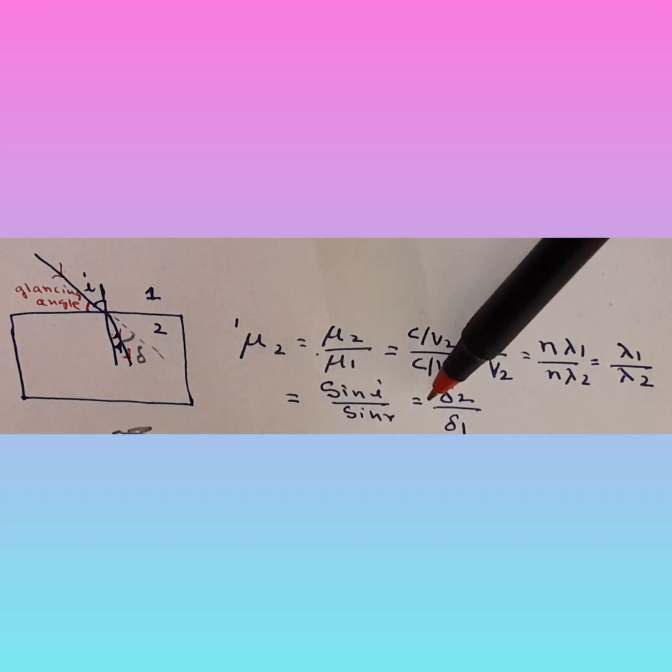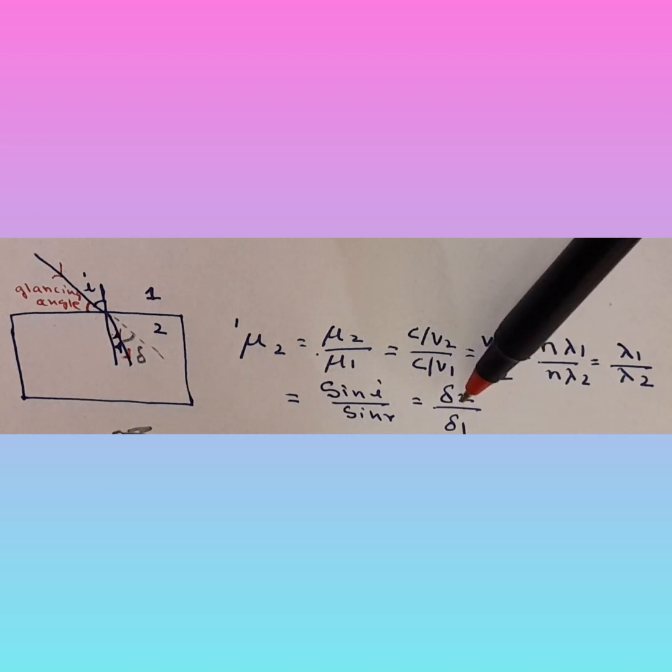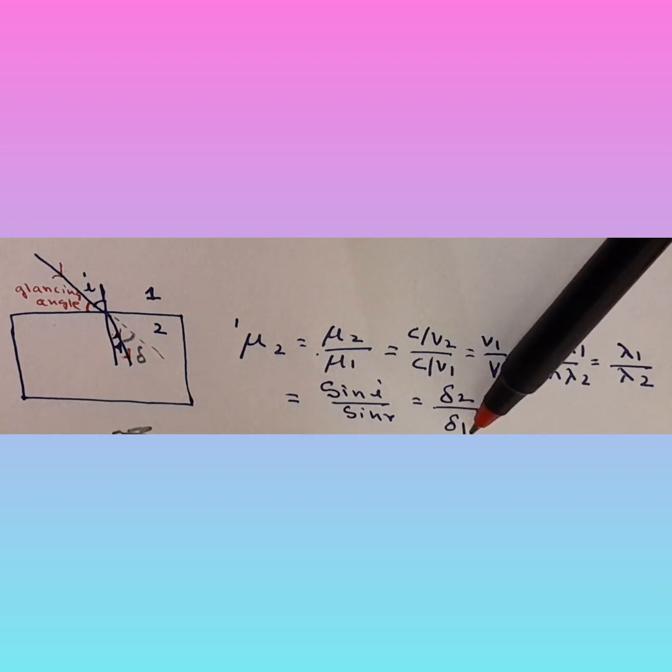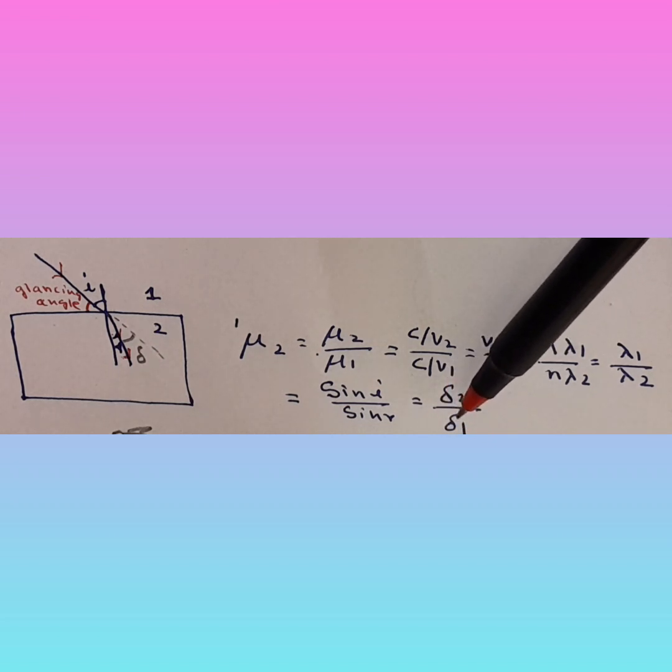I comes here, sine I over sine R. And furthermore, it's delta 2 over delta 1. This is angle of deviation. This we would be dealing with when I'm talking about prism, but you have got to keep it in mind. This entire stuff we have got to keep in mind, because what I've done is I've tried to put lots of formulae into one equation itself.